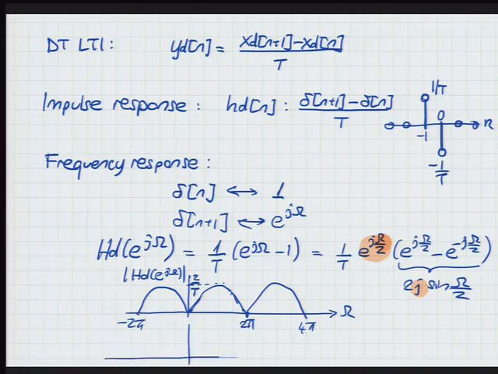To get it, we replace big omega with little omega times t, so we substitute little omega times t. Therefore, we have to divide this by t. It will have the same exact shape, except that we have to correct for the frequencies. Where I see 2 pi is now 2 pi by t, which is the sampling frequency. So this point corresponds to omega s, and this point corresponds to negative omega s.